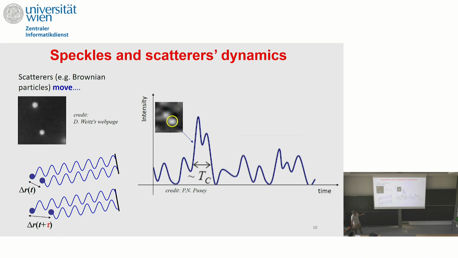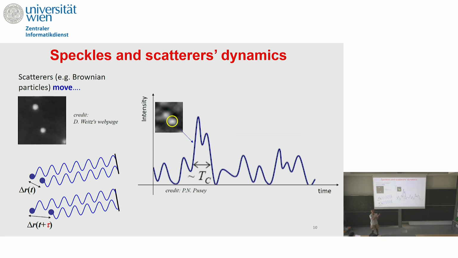On timescales much smaller than that, the intensity hardly changes. And on timescales larger than that, the intensity will have undergone several fluctuations between a high level and a zero or very low level. This characteristic time scale is directly related to the time it takes the particles to move over a well-defined distance, which, as we'll see in a second, is dictated by the scattering angle and the wavelength of radiation that you are using.